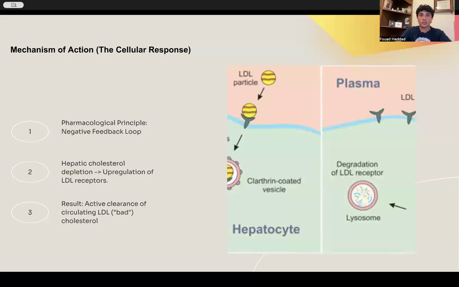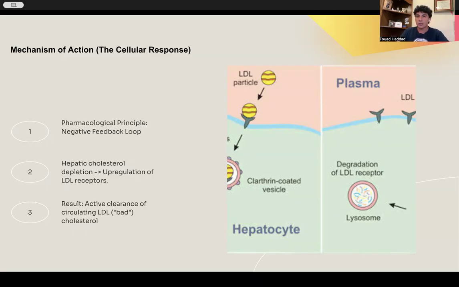Moving forward to the cellular response, the underlying pharmacological principle here relies on a classic negative feedback loop. By blocking the specific enzyme, the liver experiences a drop in its intracellular cholesterol levels.